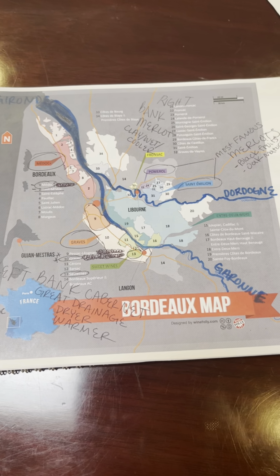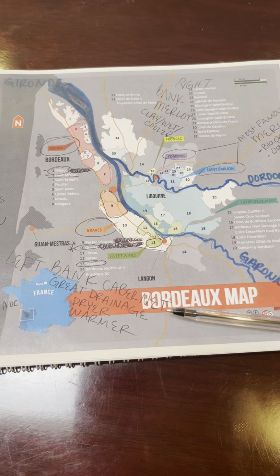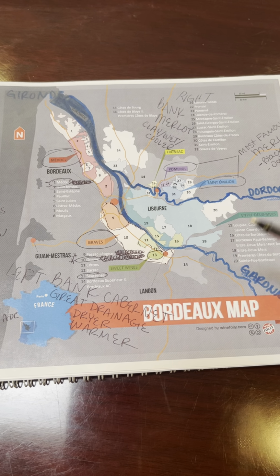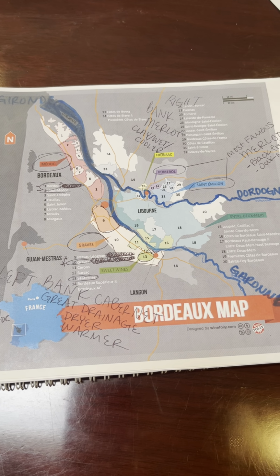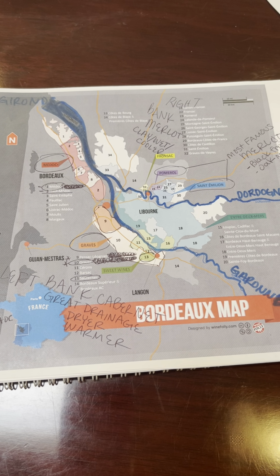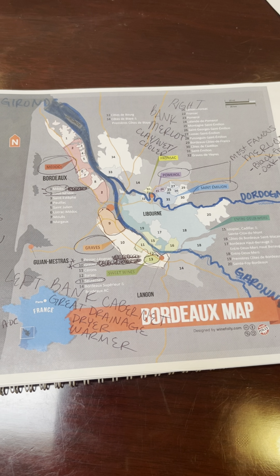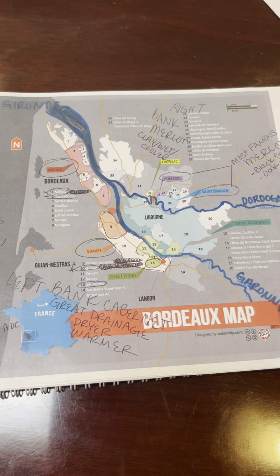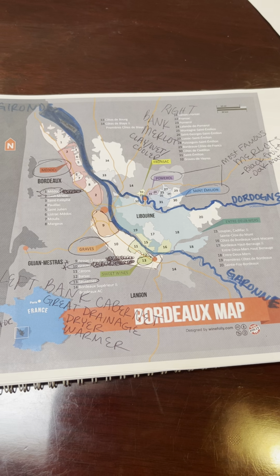Okay, Merlot does grow everywhere in Bordeaux for the most part, and those are called Bordeaux AOC wines or Bordeaux Superior. Bordeaux Superior is just a little bit stricter, with stricter rules regarding the yields and the aging and the alcohol levels than the Bordeaux AOC.